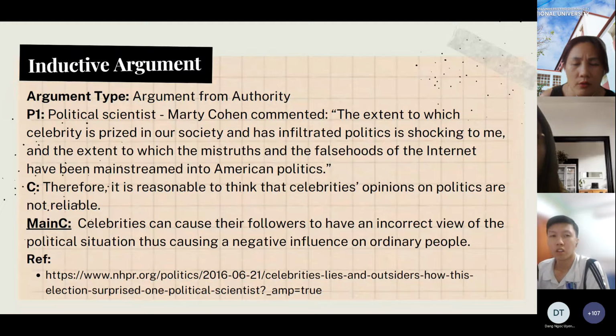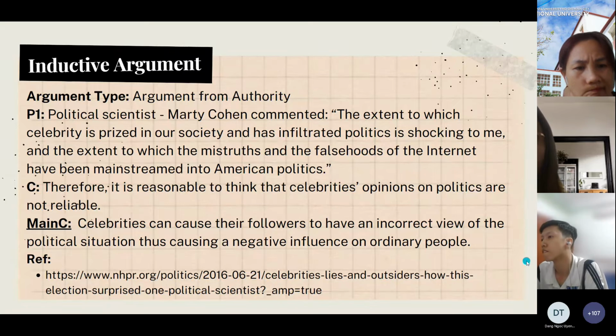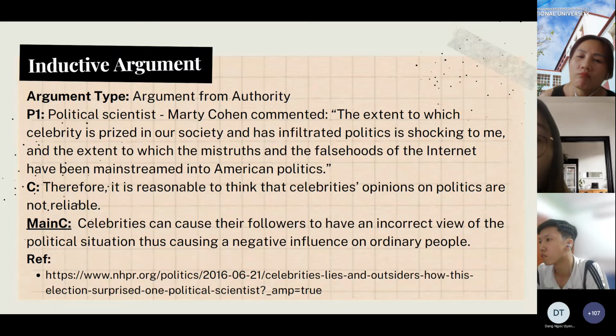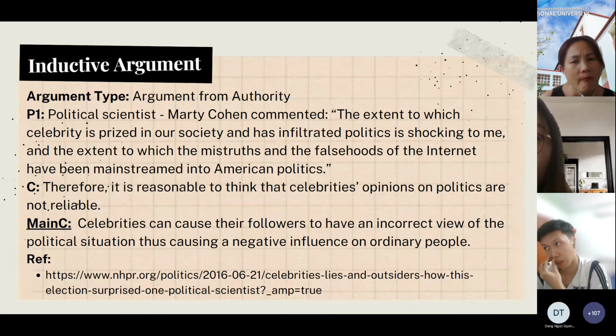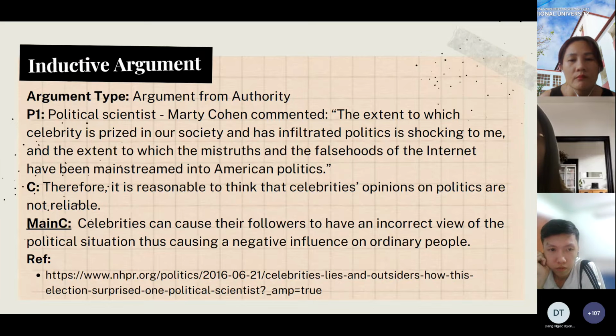Okay. Could you please explain why we should trust him? Because first of all, he is a qualified political scientist, and he and his colleagues have already conducted research on the effect of celebrities on the 2018 election. That was the time when Donald Trump won the election.